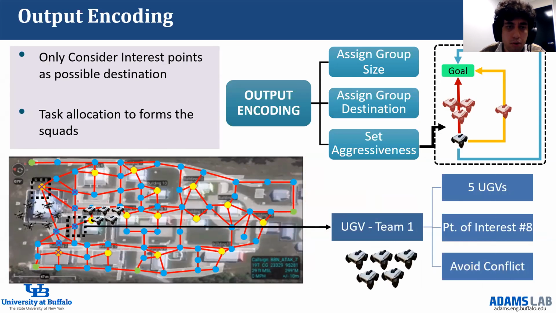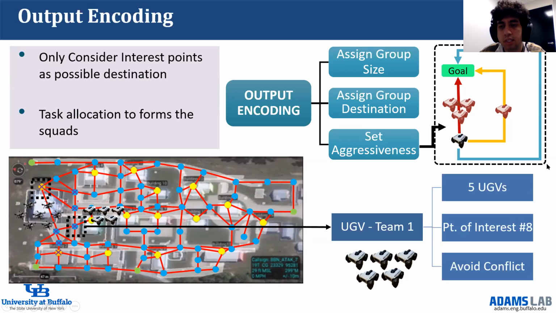And for the output part, we are defining just a squad of robots, where they go, and how aggressively they should go. For example, if there's a time-sensitive situation, and this is something that RL should actually learn, they should take a higher risk and go through the enemy to the goal. If there's an okay-ish amount of time, they can make a smaller detour.